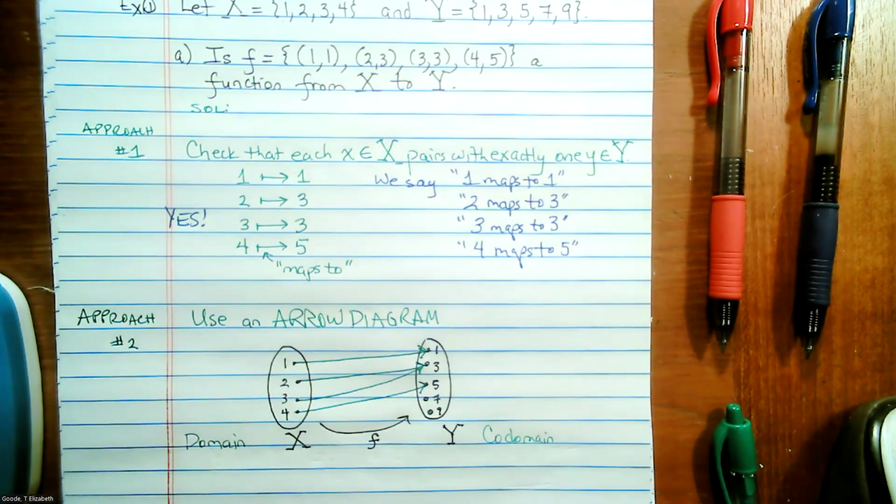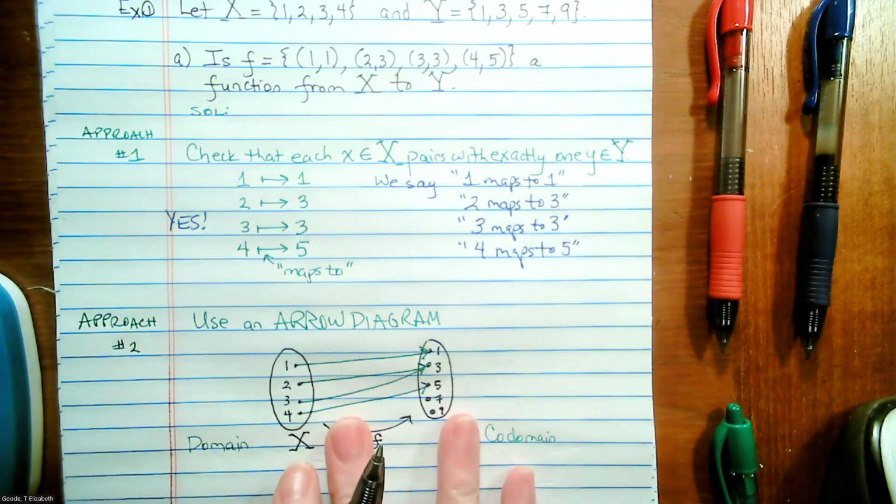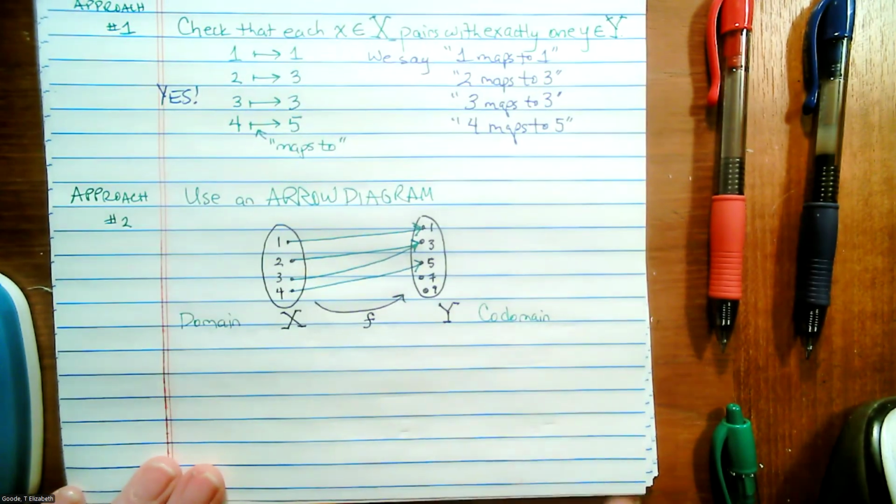Okay. So your visual check that this is the arrow diagram of a function goes like this.